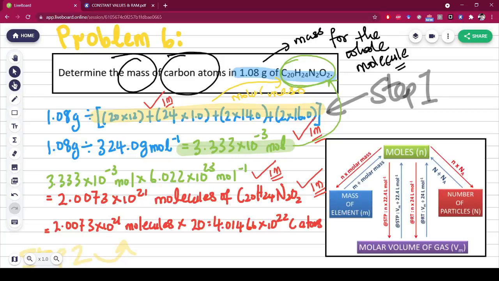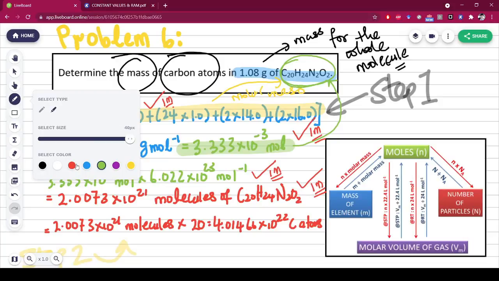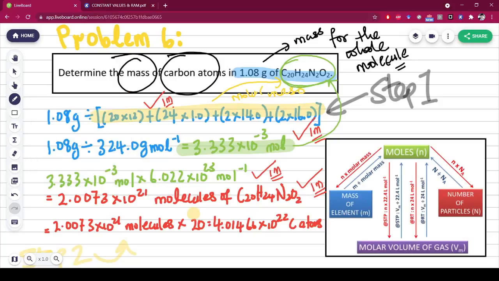You're going to times with 20 and you get the number of carbon atoms. Maybe I'm going to highlight that. So you have 20 over here because you have 20 over there. And this is the same number of molecules, and you'll get the atoms. How many carbon atoms in there?